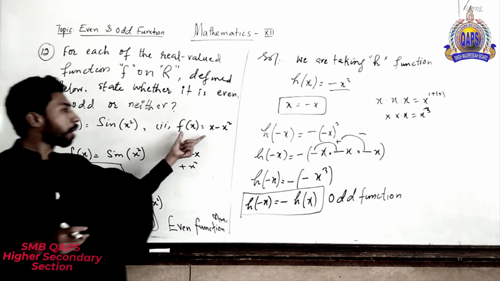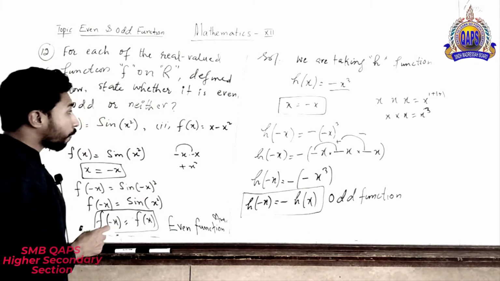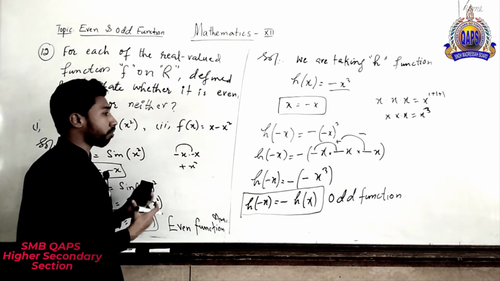Now the second point, f of x is equal to x minus x square.